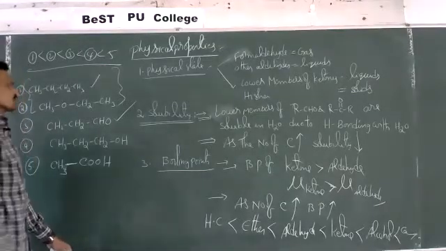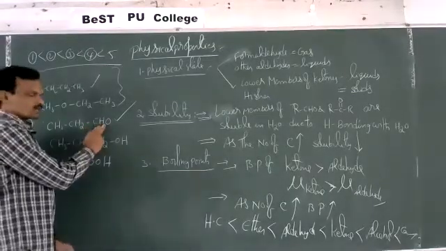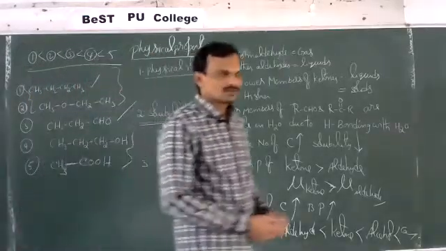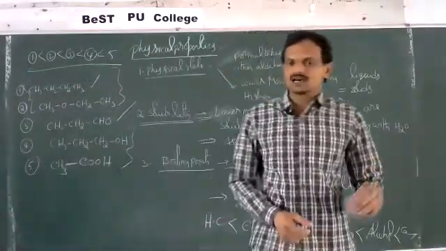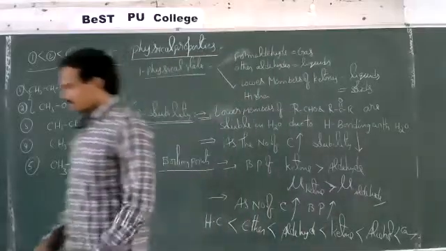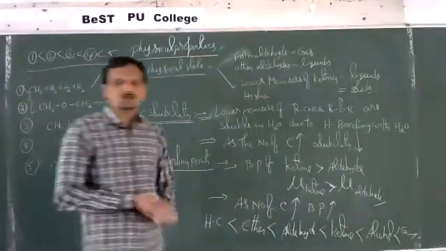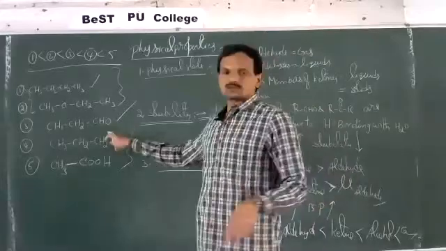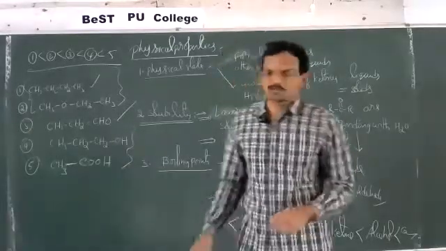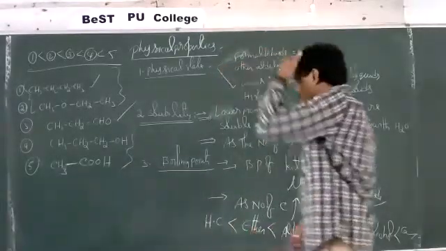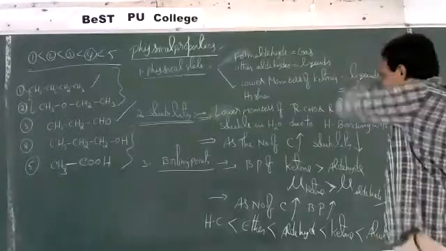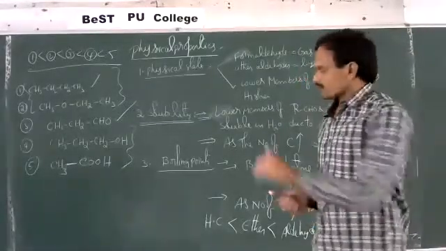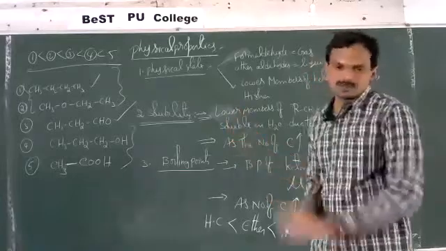Whereas the boiling point is less than alcohols and carboxylic acids because in alcohols and carboxylic acids there is a tendency to form hydrogen bonds, whereas hydrogen bonding does not exist in aldehydes and ketones. So due to hydrogen bonding, alcohols and carboxylic acids possess high boiling points, whereas aldehydes and ketones possess lower boiling points.